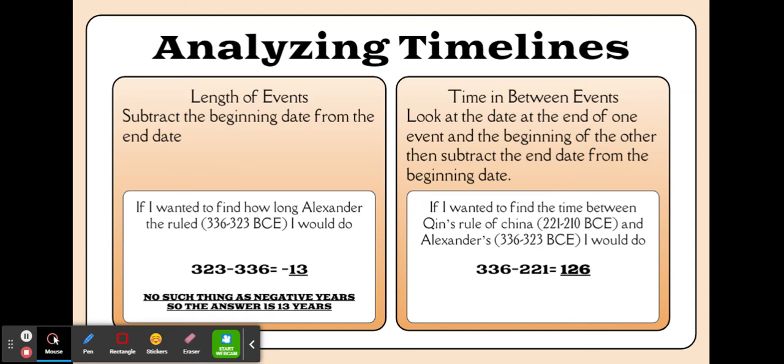Now I don't have to worry about the negative because I'm not going to get a negative on the BCE side. And then I'd have 126. If you're doing this with BCE and CE numbers, you're going to do the same thing, wherever the date ends and wherever the date starts.